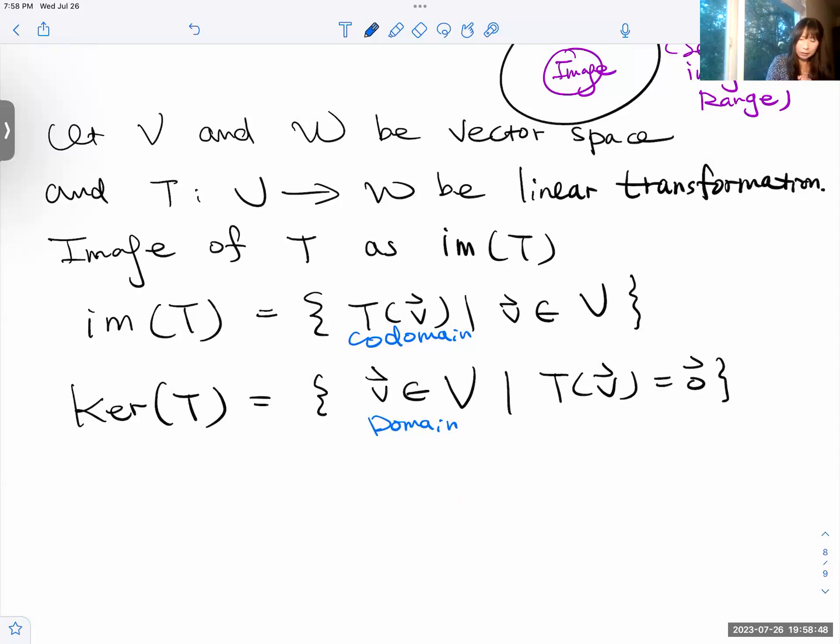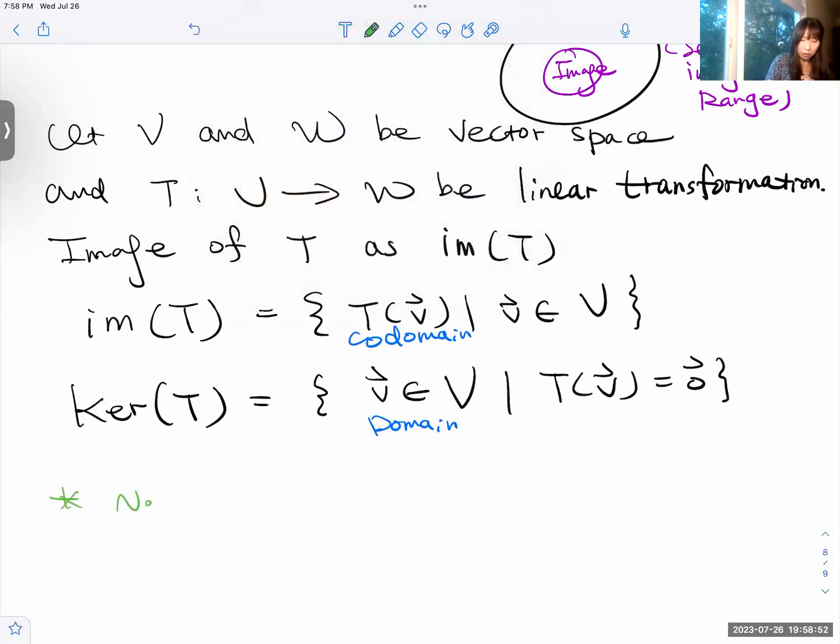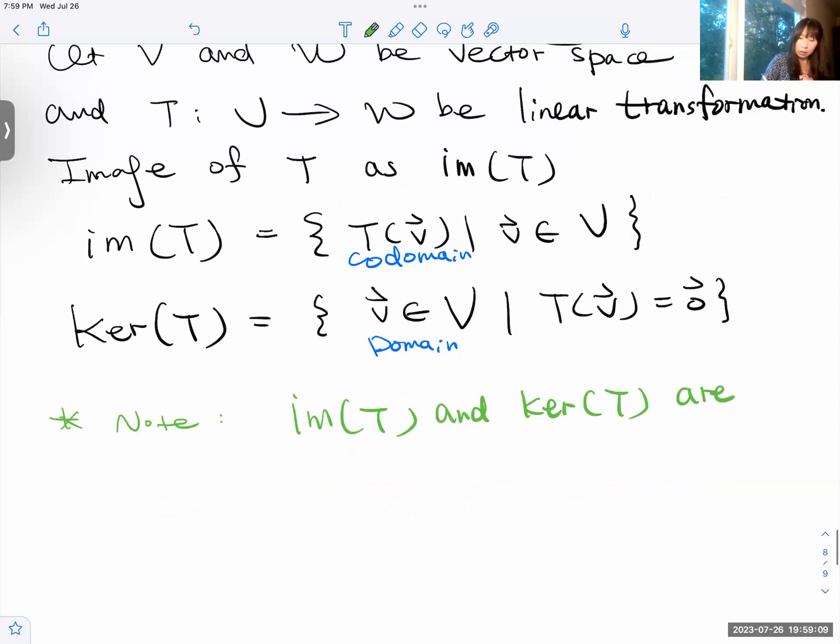They mentioned that the image of T and the kernel of T are subspaces of W and V respectively, right?